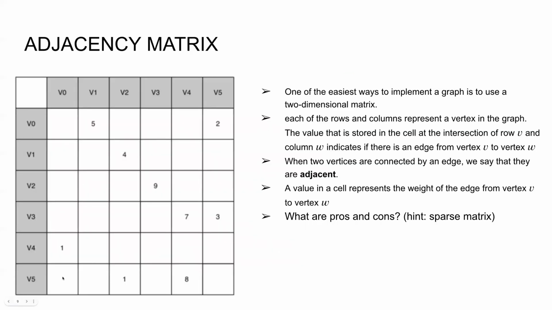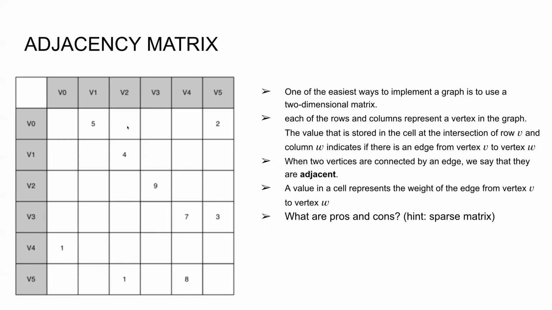All right, so now let's talk about how to represent a graph in a program. There are a couple of different ways. One way is to use what we call an adjacency matrix. Here in a 2D matrix, each node is a row, and you arrange them in rows and columns. For each node to any other node except itself, if there is a number in it, that means they're connected.